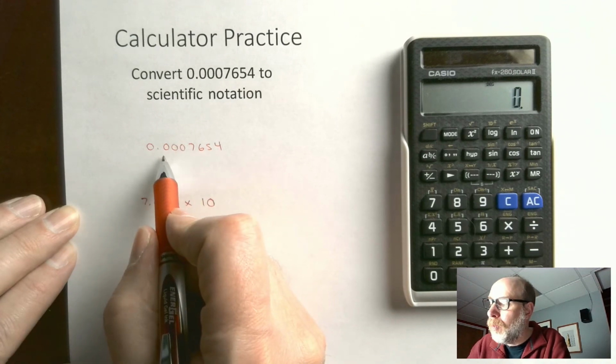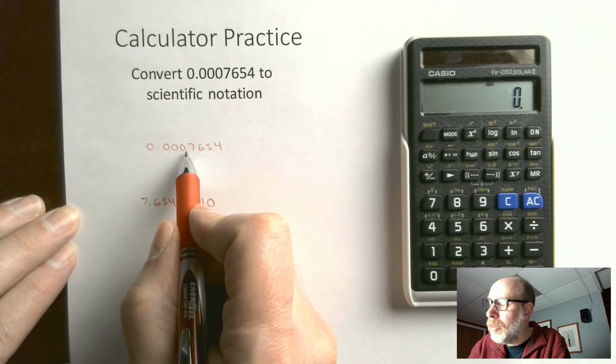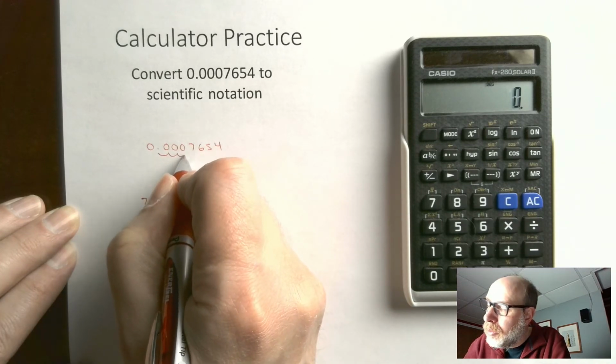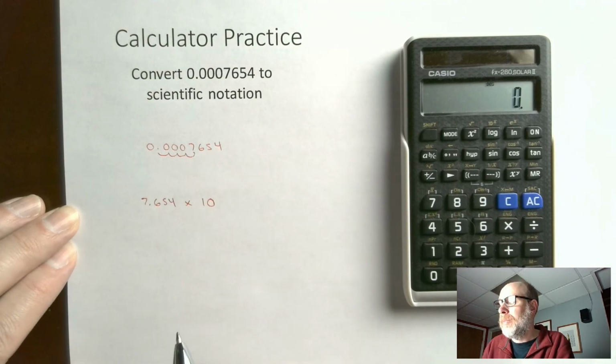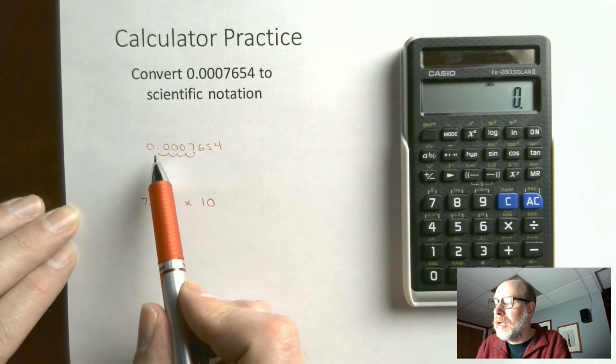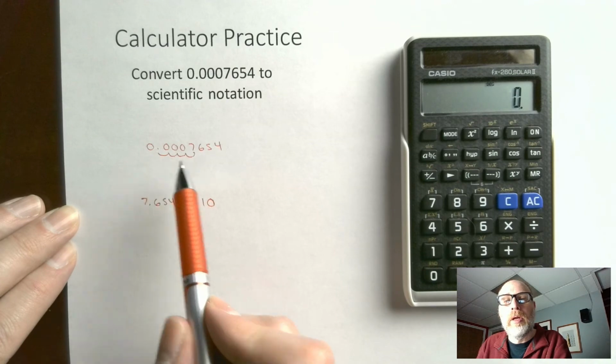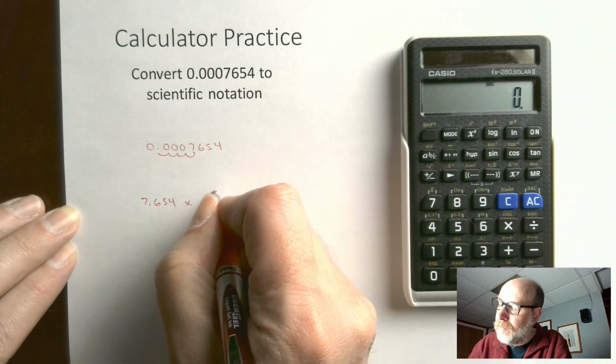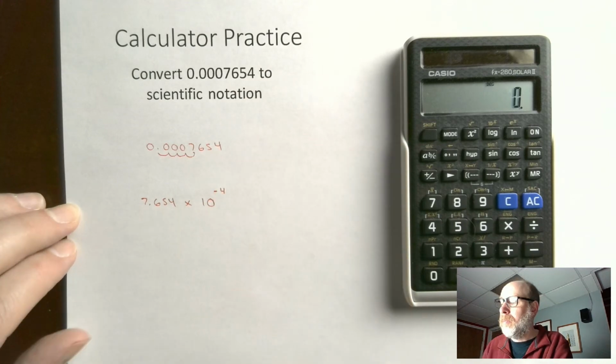So we're going to go 1, 2, 3, 4. Notice we're making a small number into a larger number, and so that's not just 4, it's minus 4.